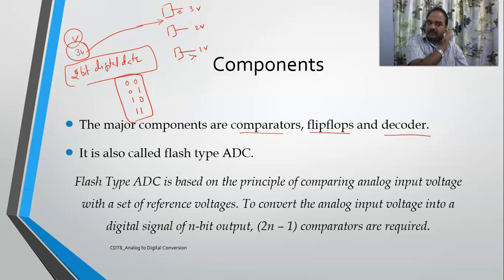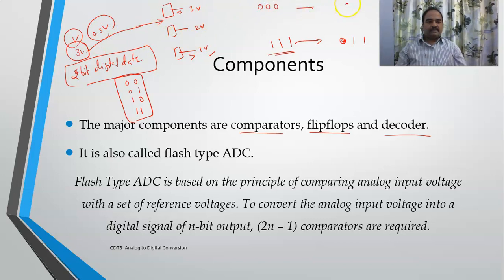First of all I will compare with 3 volts. If it is okay, it is 1, again 1, again 1. So based upon this, I will give my output as 1, 1. Now let us suppose it is only 0.5 volts. This is not greater than any of these, so I will be getting 0, 0, 0, and I will take the output as 0, 0.